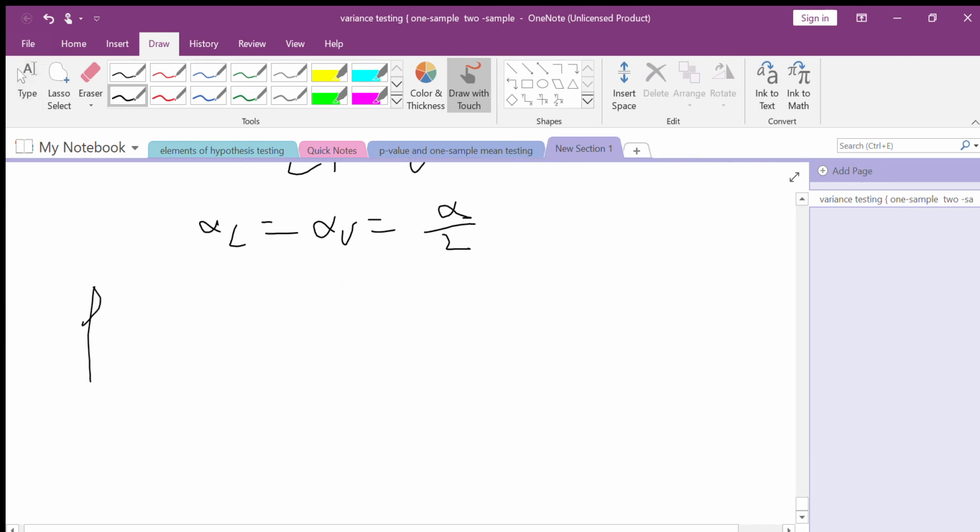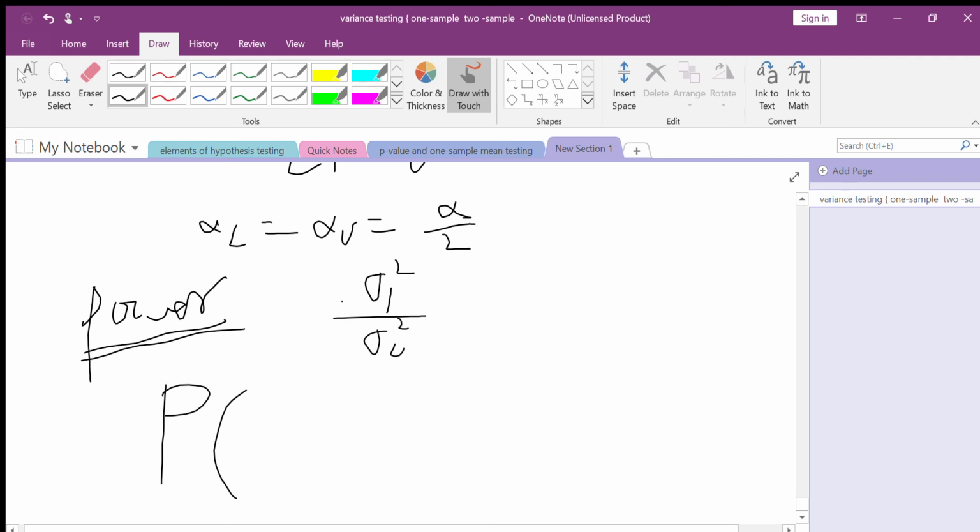And the last part is power. For power, we need to specify sigma 1 squared divided by sigma 2 squared not equal to 1, because sigma 1 squared and sigma 2 squared are from the alternative hypothesis. And we specify sigma 1 squared divided by sigma 2 squared equals theta.